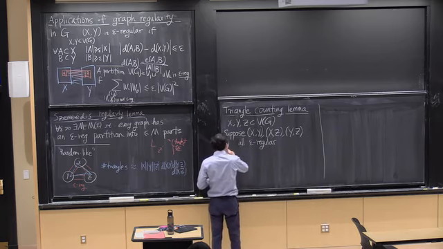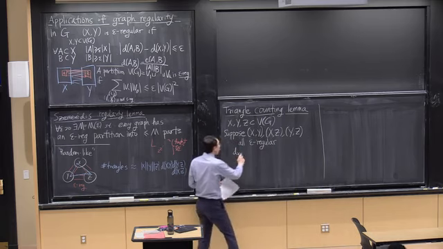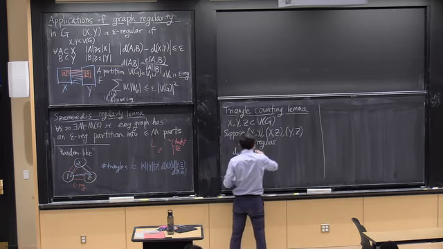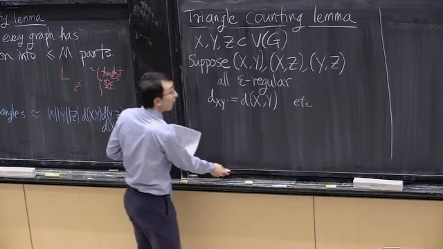Then, for abbreviation, let me write d_xy to be the edge density between x and y, and so on for the other 2 pairs.